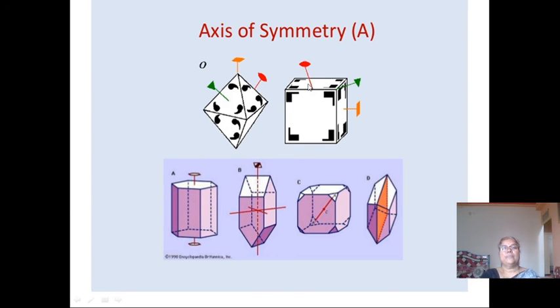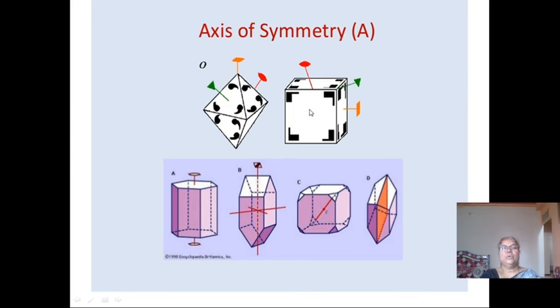See here, this is a cubic structure, a cube, and suppose we consider this as the axis of symmetry and we rotate this crystal, and we get the same appearance of this plane in one rotation.